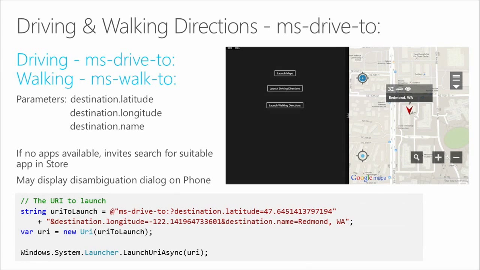We can also do URI schemes that will kick us out to third-party applications. And we can do that using the ms-drive to and ms-walk to. This will give us a driving route or a walking route from destination 1 to destination 2, or we can just give it one single destination, and it'll go from wherever we happen to be out to that destination.